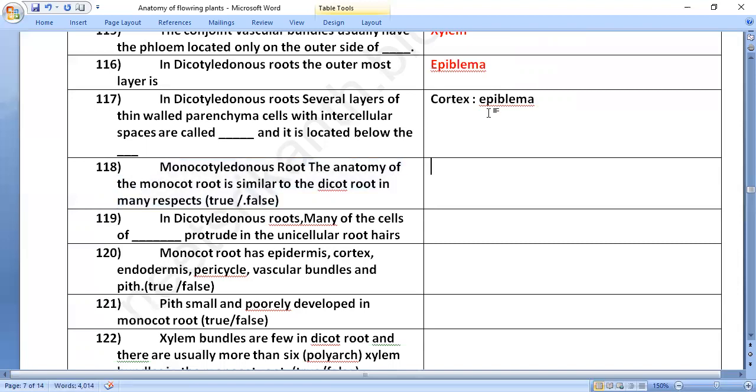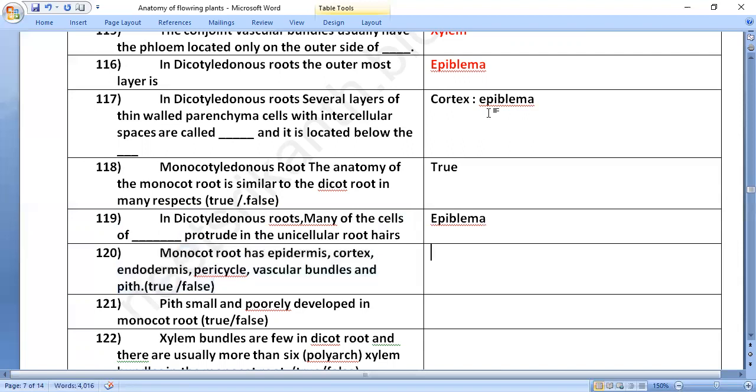Monocotyledonous root. The anatomy of the monocot root is similar to the dicot root in many respects. True. In dicotyledonous roots, many of the epidermal cells protrude as unicellular root hairs: epiblema.